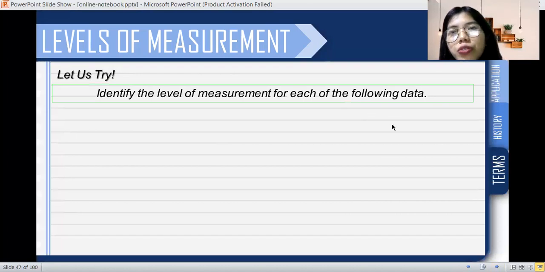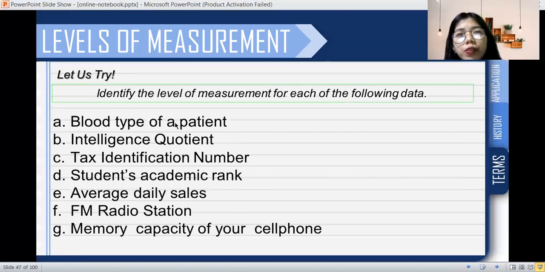Identify the level of measurement for each of the following data. We have the blood type of the patient, intelligence quotient, tax identification number, student's academic rank, average daily sales, FM radio station registration, memory capacity of your phone. Again, you can pause this video to answer this part.